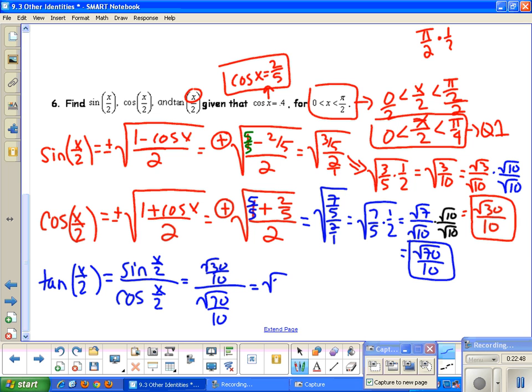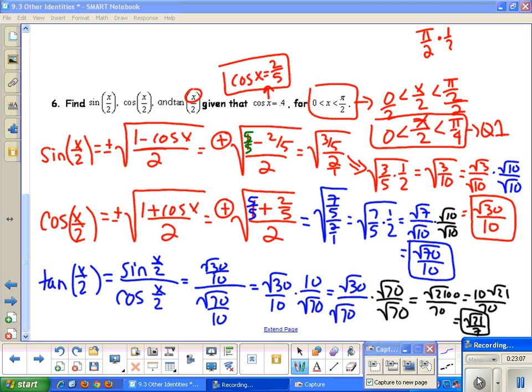So when we multiply by the reciprocal, I get root 30 over root 70. And then, of course, we don't like to have radicals in our denominator. So when I simplify, root 70 times root 30 gives me root 2100 over 70, and then that simplifies into 10 root 21 over 70, which is root 21 over 7.